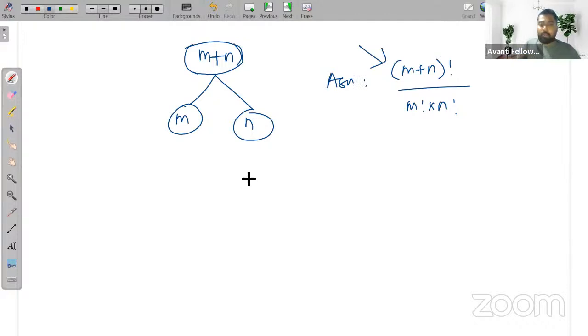Can you understand? Suppose the total number of objects is m plus n, and you need to select first m objects out of m plus n objects. In how many ways can we select? That is (m plus n) C m. Then how many objects are you left with if you subtract m objects from m plus n objects?